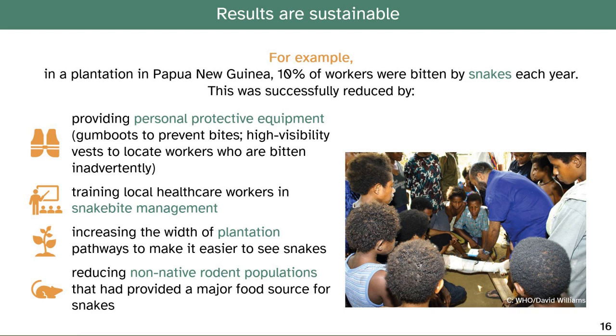The plantation also needed to address the environment and increase the width of pathways to make it easier for workers to see snakes and prevent snake bites. They also reduced the population of non-native rodents because they had become a major food source for snakes. This integrated approach helped them sustainably tackle snakebite and reduce the number of workers being affected.